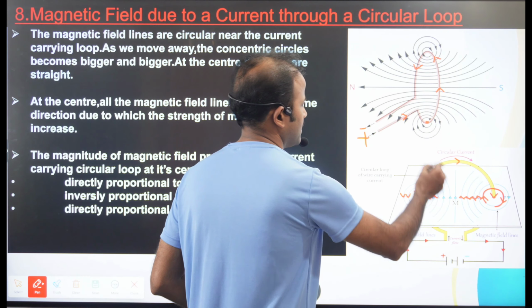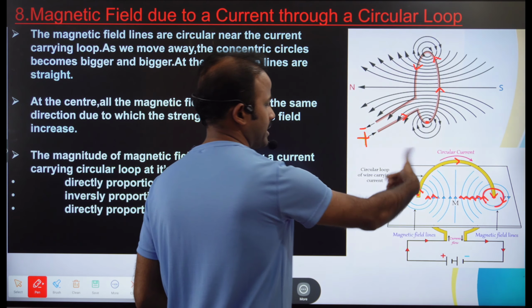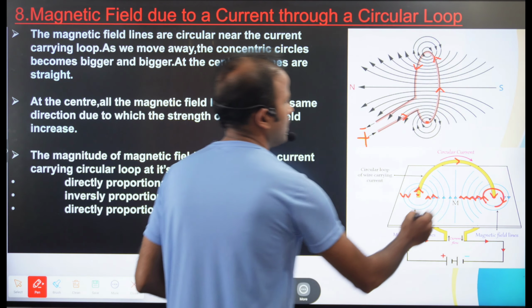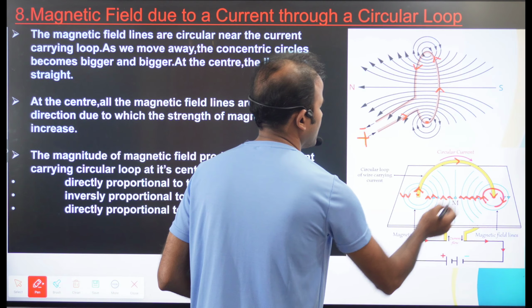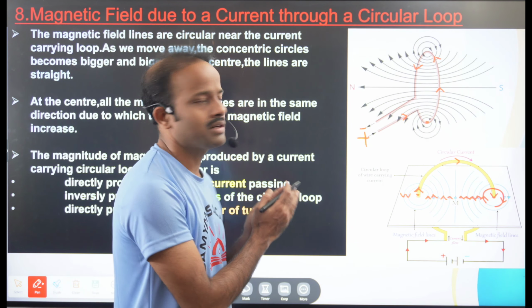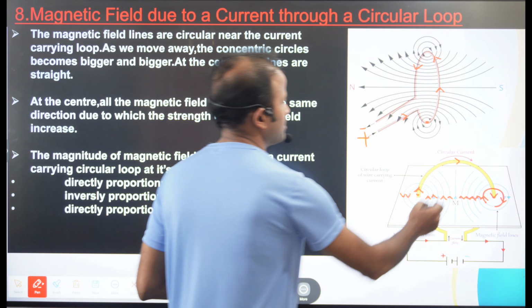So when current is moving in the upward direction, all field lines take concentric circles in the anti-clockwise direction. Now you observe, as you move toward the center, the concentric circles become bigger and bigger. At the center, it becomes a straight line.